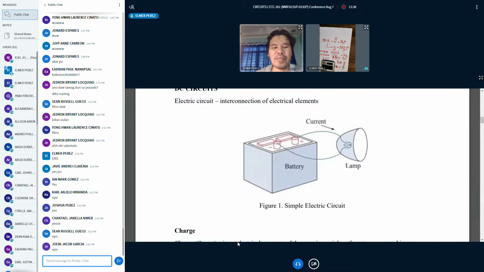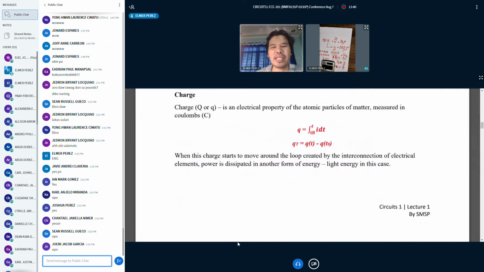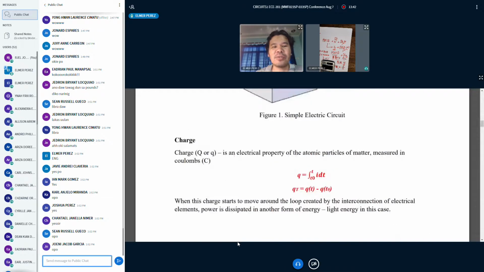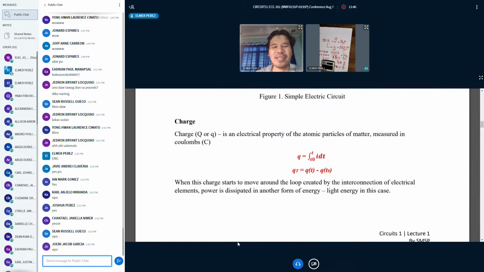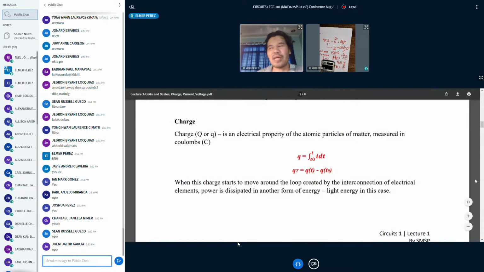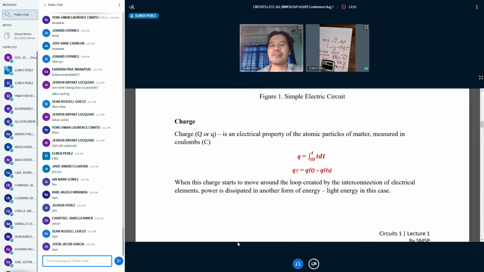Pag-uusapan ng circuits, always go back to the subatomic particle into a charge. Para review lang ito. Ang symbol natin for charge is Q, capital Q or small q, which is an electrical property of atomic particles of matter, which is measured in coulomb.